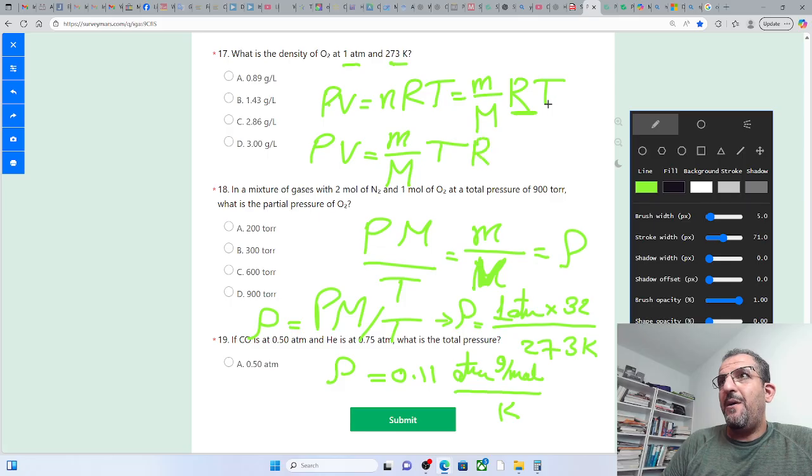So I need to have R here, and here, and here, and also I need to divide by 273 Kelvin times the gas constant.